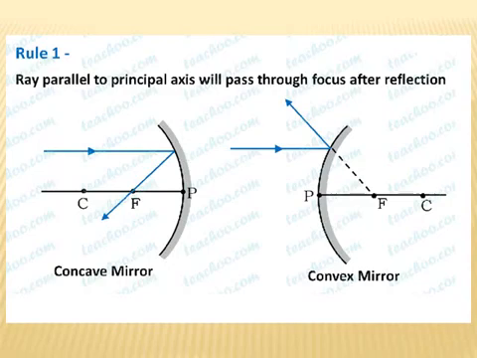If the ray is parallel, then the reflected ray must pass through the principal focus F. It is the same in the convex mirror: the ray is parallel to the principal axis, and after reflection it passes through F. Here it does not actually pass through F because the reflecting surface is outside, so the extension of the reflected ray passes through F. So this is rule number 1.